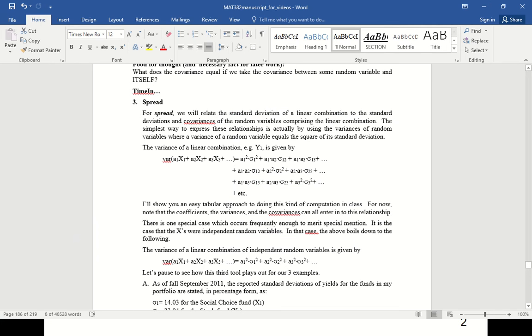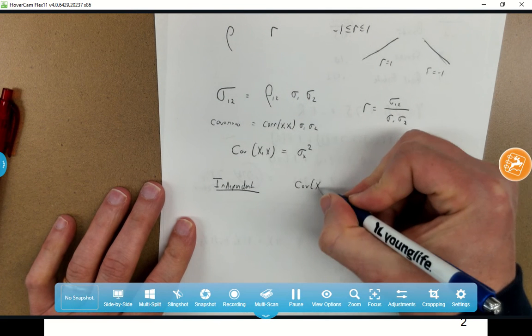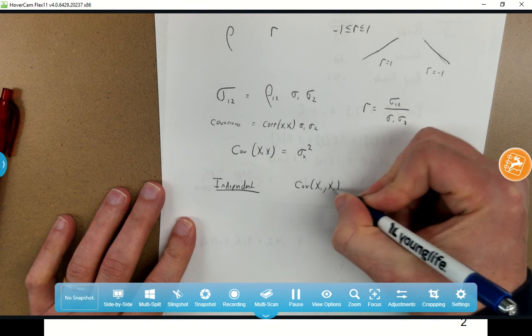Okay, now let's take a look at the spread. The first time we're going to look at this is a situation where we have the values independent, and then when they're not independent. So let's suppose that our random variables are independent. What that means is that the covariance between the two we're just going to assume to be 0.